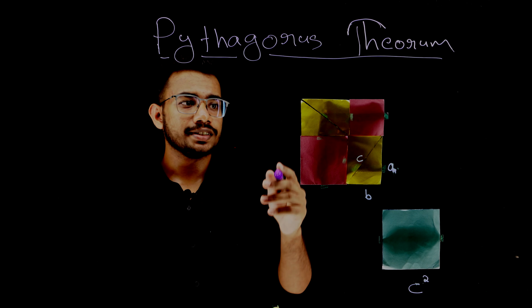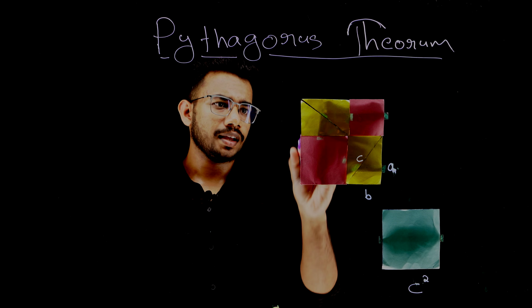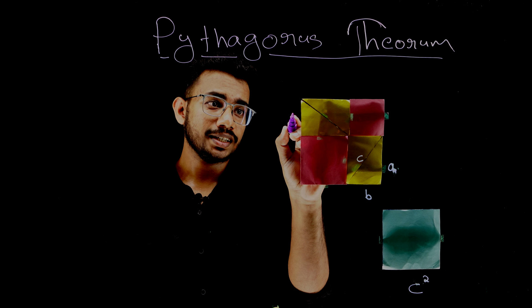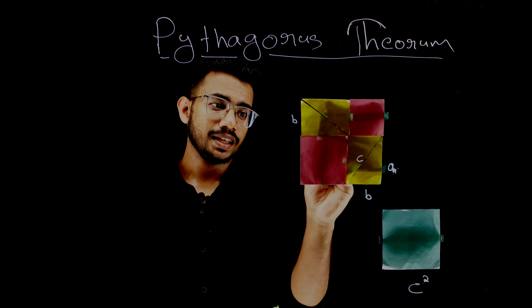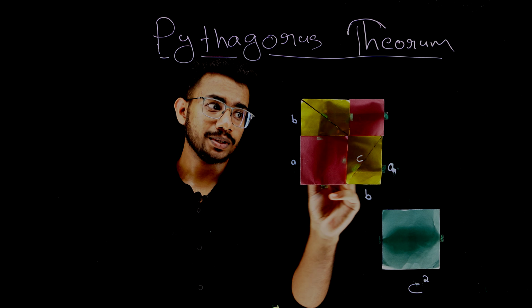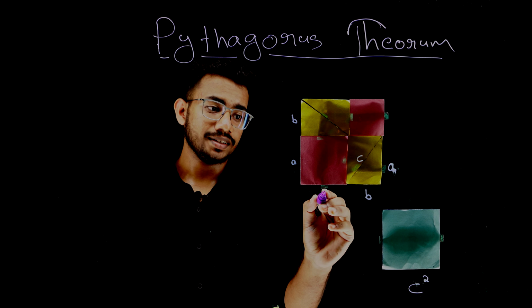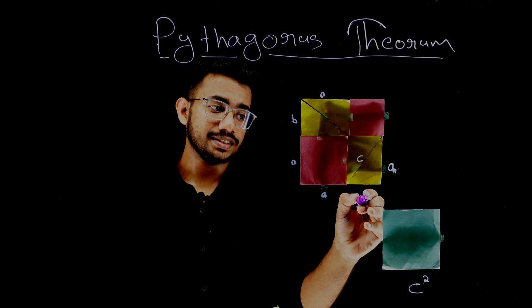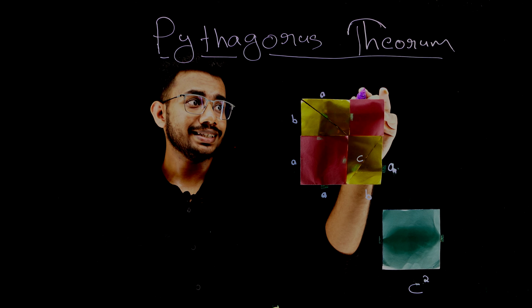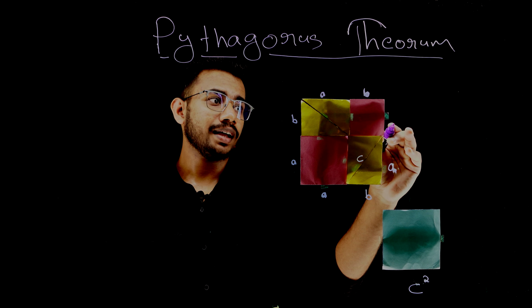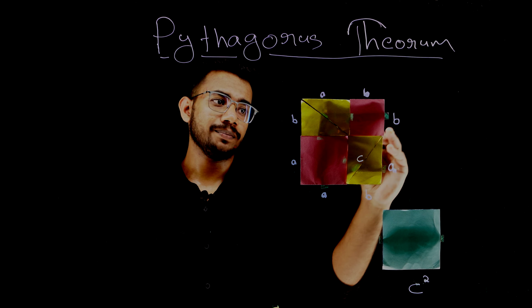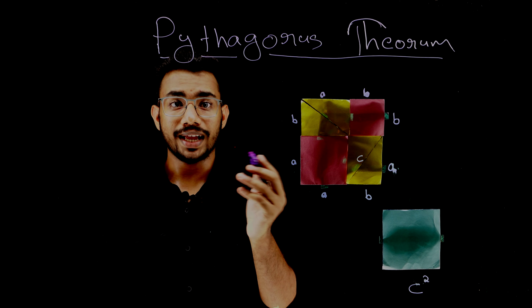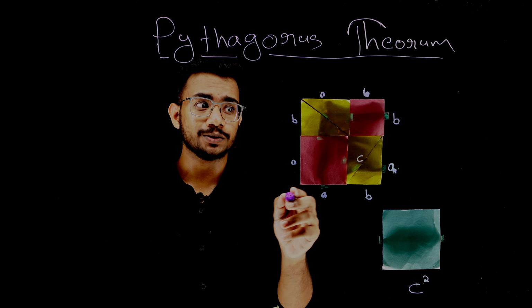Now let's consider the edges I have here. This side is nothing but b itself, and this is nothing but a itself, because this is a, and this has to be a because this is a, and since this was b, this has to be b, and this also has to be b. So I have exactly the same square I had in the previous case, that is a plus b.